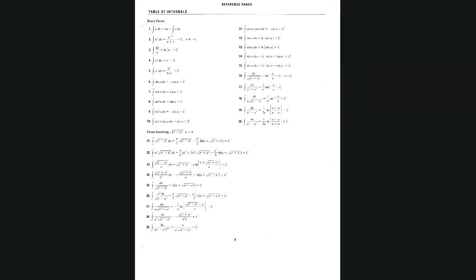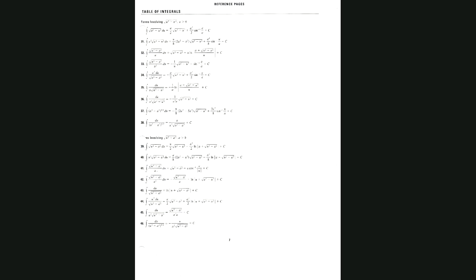So sometimes using the tables is actually better, because if you integrate using a computer, like MATLAB, sometimes you can get a very complicated expression, believe me. So what this is, these reference pages, this table of integrals, there are 6 pages or 5 pages of integrals, 120 formulas.